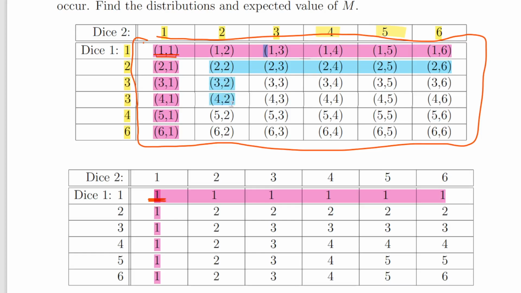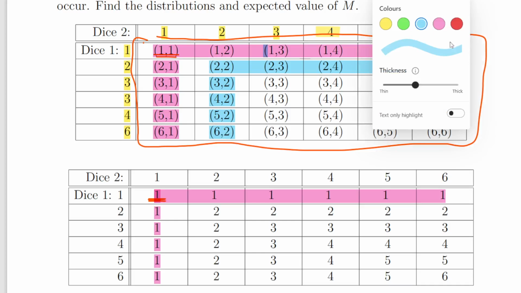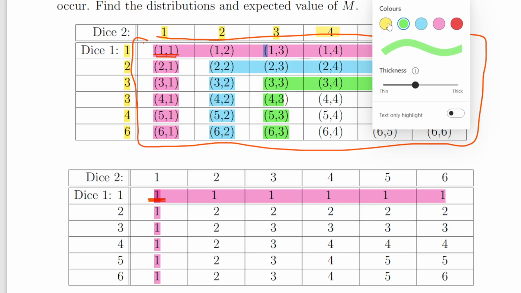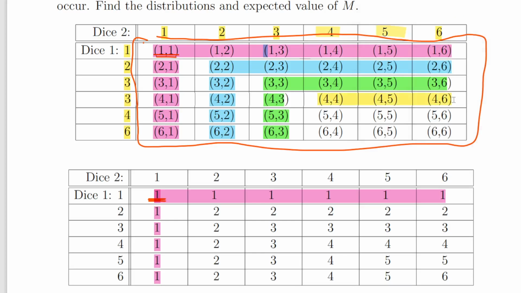And vice versa. So you can sort of see what's happening here, that we are picking out the rows and columns that give us a minimum of 1, a minimum of 2, a minimum of 3, and so on. This will give us a minimum of 4 here. These cells. Pairwise minimum, and so on.